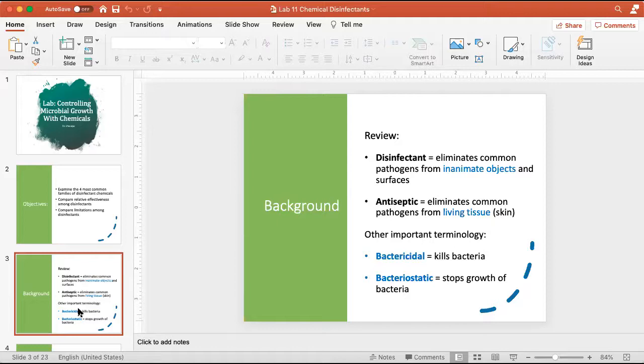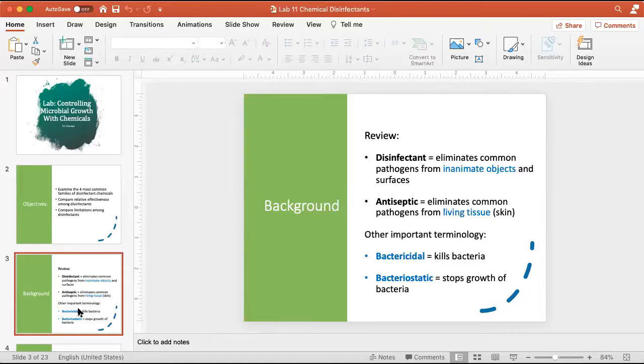It means that this is a chemical or a physical method or some kind of a molecule that's capable of eliminating common pathogens from inanimate objects and surfaces. So it is getting rid of the most common kinds of microbes that cause disease in humans.